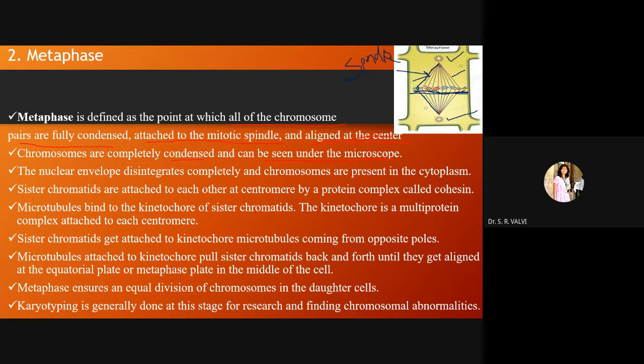This is a very important and useful practical to see all these stages in a real way under the microscope. But due to this pandemic situation, we are learning all this theory as well as practical in online mode.